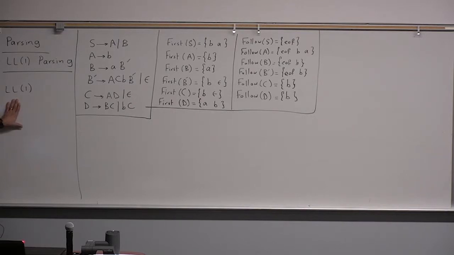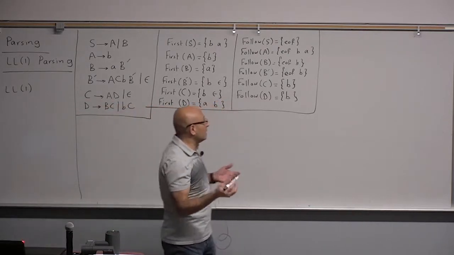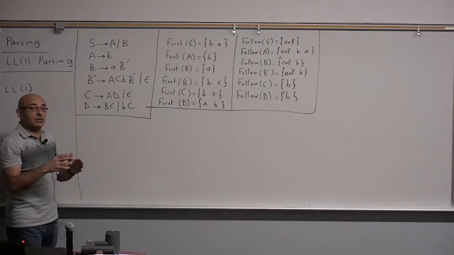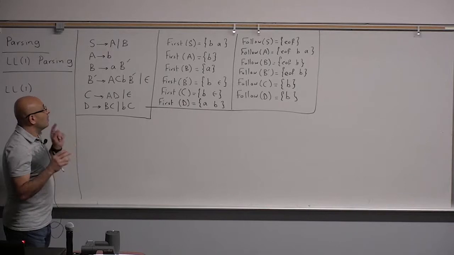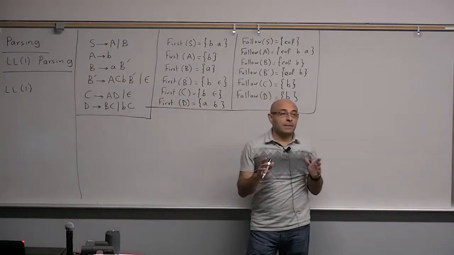And the LL1 parsing technique, is it a top-down or a bottom-up? It's a top-down technique. It starts from the start variable, and it will start looking for substitutions or expansions. But LL1 parsing works only if what?